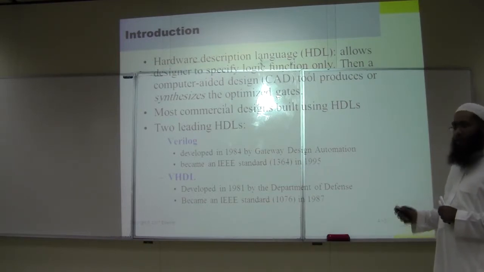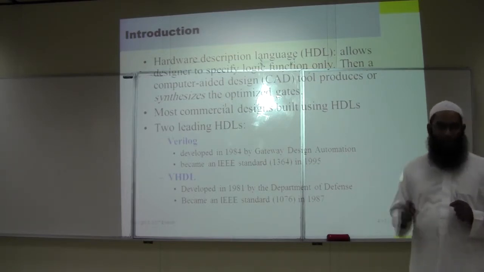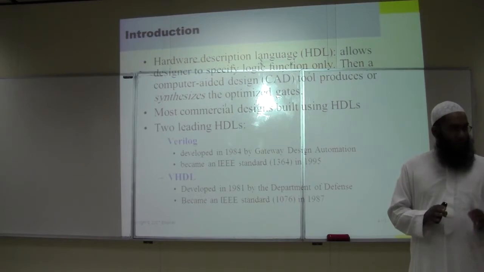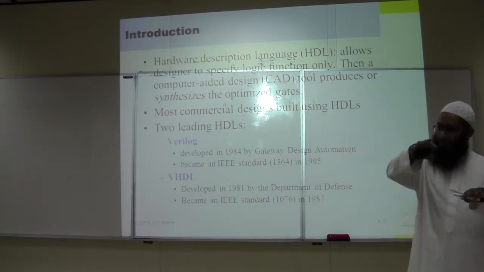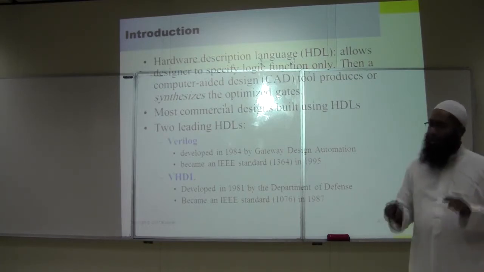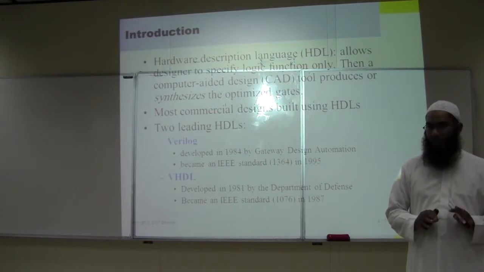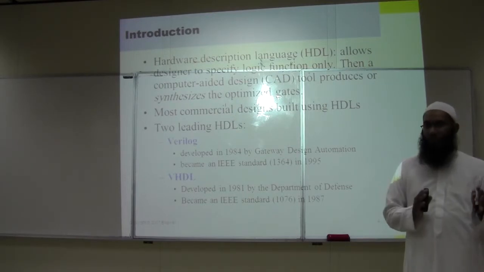Both of them are used, and in your book, in this chapter, for every example they put Verilog on the left and VHDL on the right. For each example, they have both Verilog code and VHDL code.